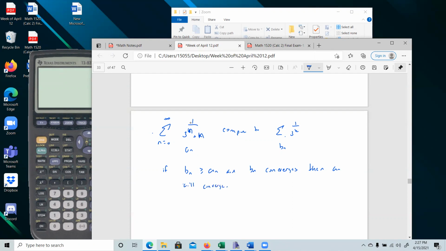If b of n diverges, I can't say anything about this. It's smaller, but is it smaller enough? I have no idea. So if this one converges, it squeezes this down into convergence.